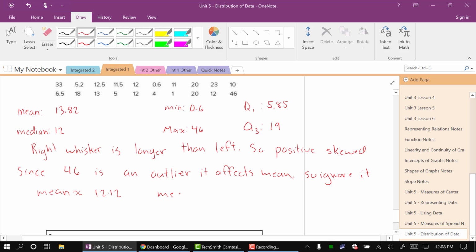Our median is still the same at 12. So by ignoring it, our mean is closer to the median.